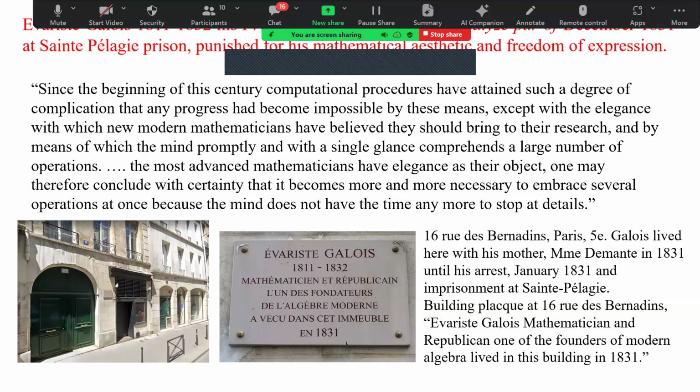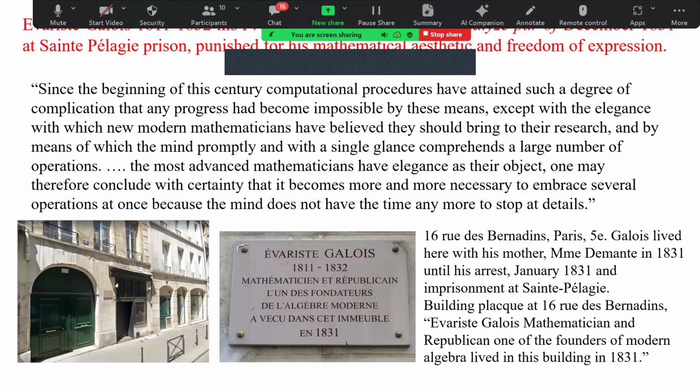And here's a little plaque. If you're in Paris, you go to this address and you'll see this plaque on the wall of the building. And about Évariste, it says, Évariste Galois, mathematician and Republican. One of the founders of modern algebra lived in this building in 1831.